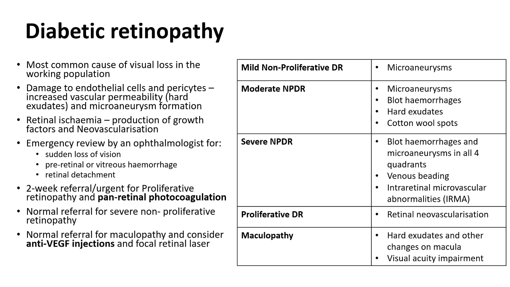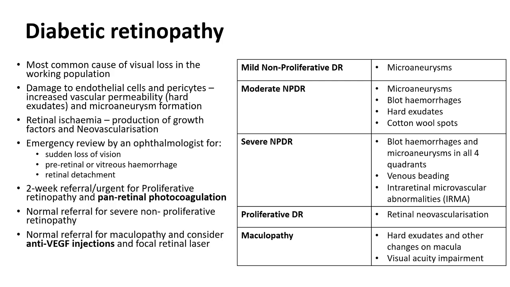Decision on referral is based on the classification. If there is sudden loss of vision, vitreous hemorrhage, or retinal detachment, then it needs emergency review on the same day. Proliferative diabetic retinopathy needs a 2-week referral and considering treatment of pan-retinal photocoagulation.